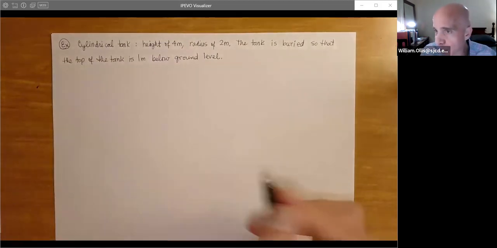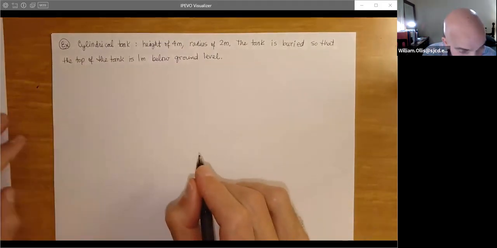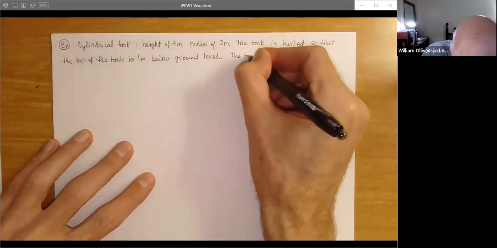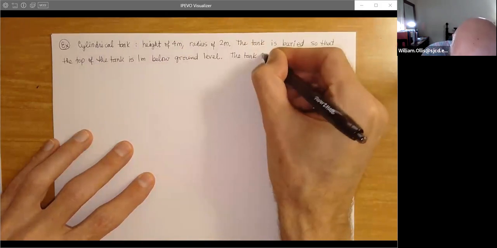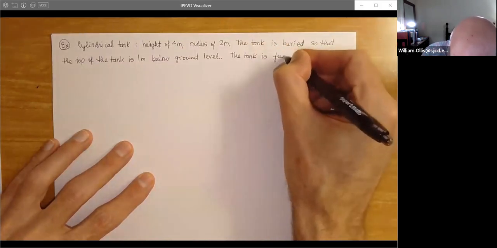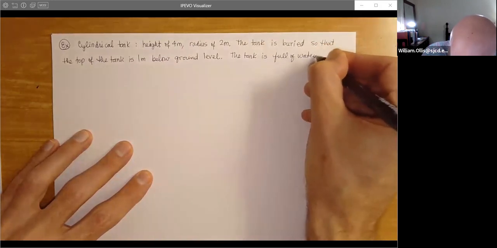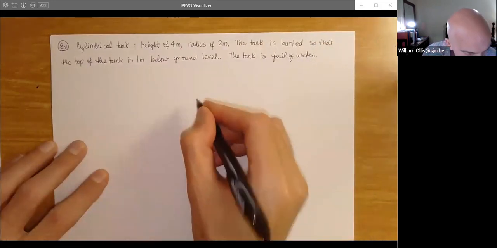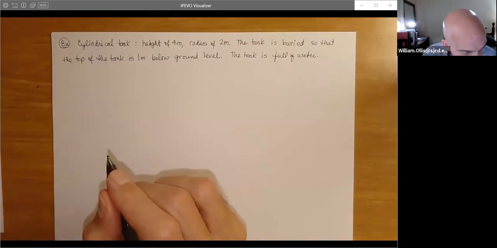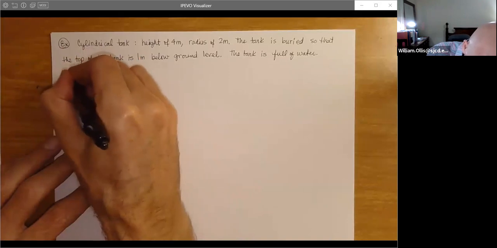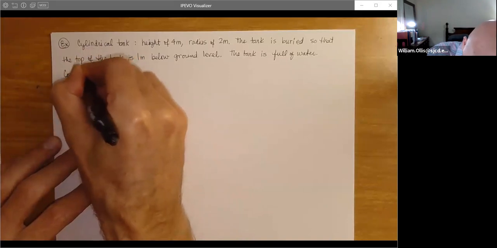You can think of gas stations. And in this case, the tank is full of water. Then what we're asked to do is compute the work to pump the contents of the tank to ground level.